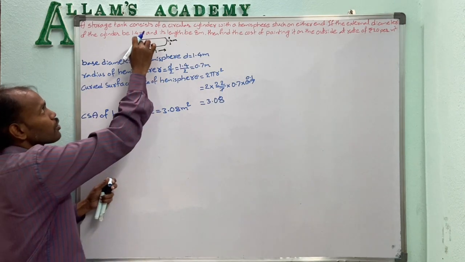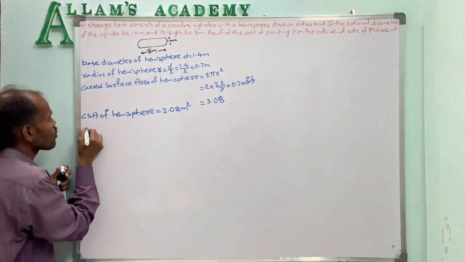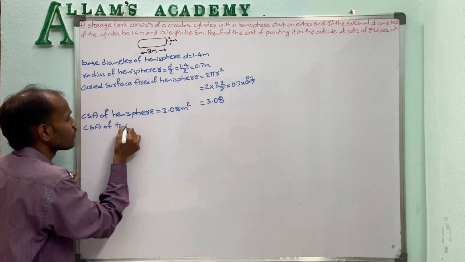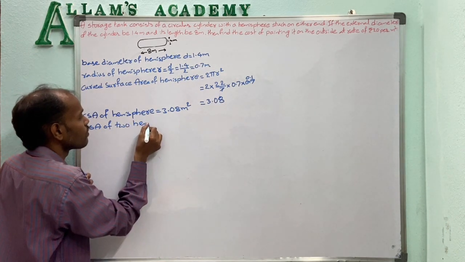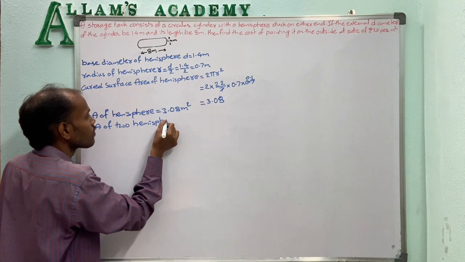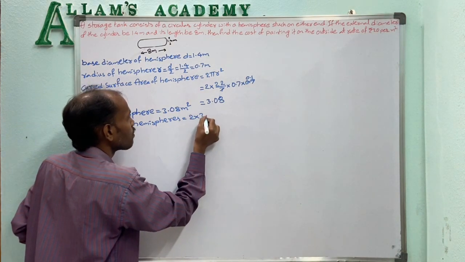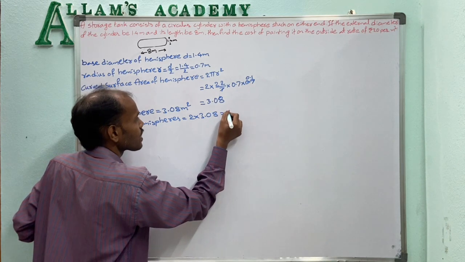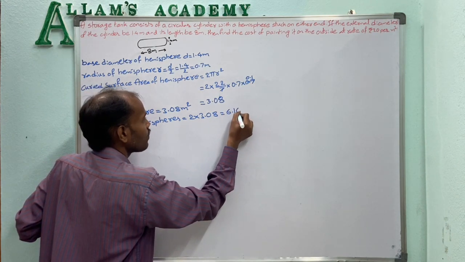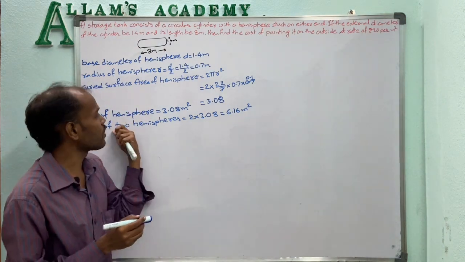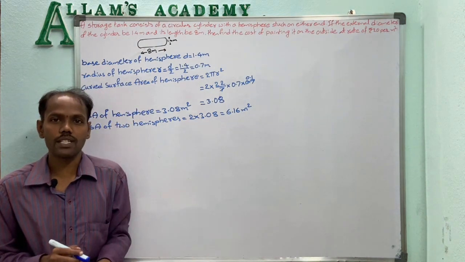But now there are two hemispheres, so the curved surface area of two hemispheres equals 2 into 3.08, that is 6.16 meter square.